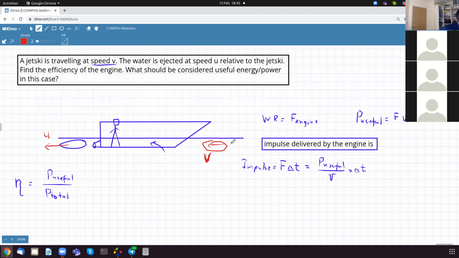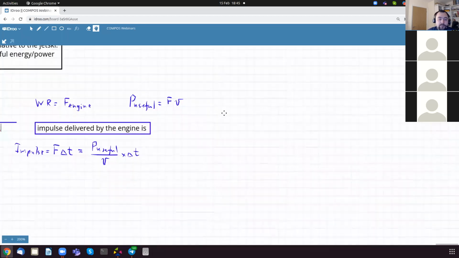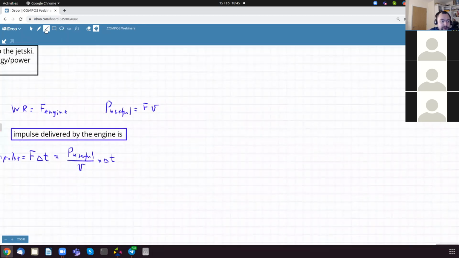Sorry, there's a lot of background noise. I think I need to clarify. We are talking about two different frames of reference. First, the frame of reference where the water is stationary.